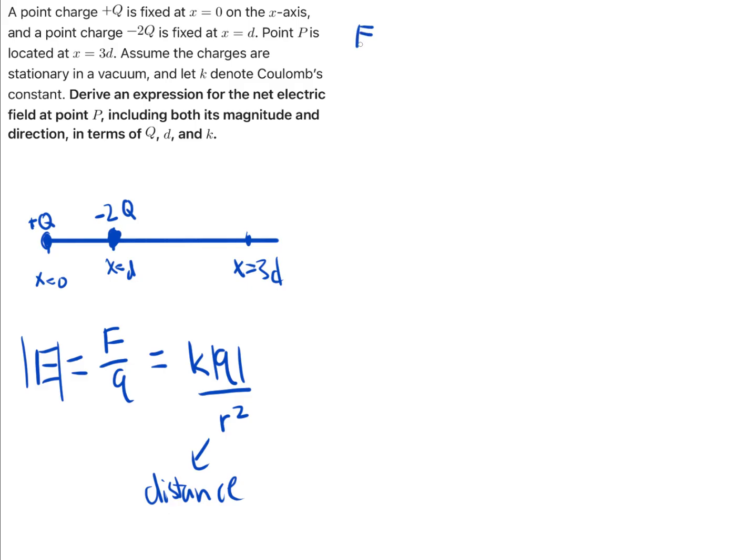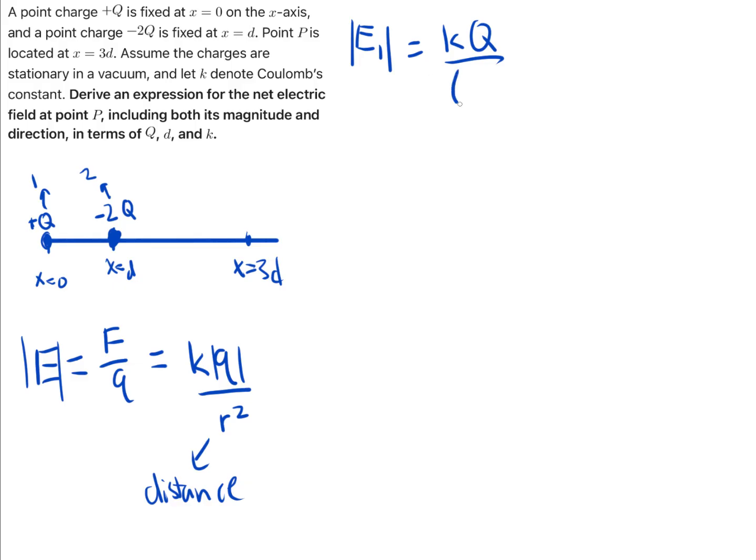I'm going to call this point charge 1, and this is point charge 2. So the magnitude of the electric field due to point charge 1 is just k times q divided by r squared, where r is the distance between this point here, x equals 3d, and the position of the source charge.